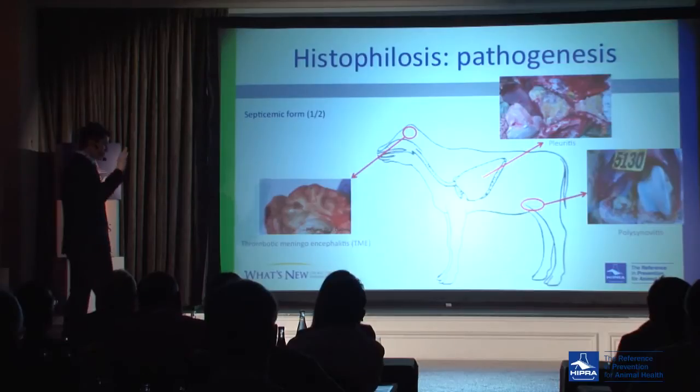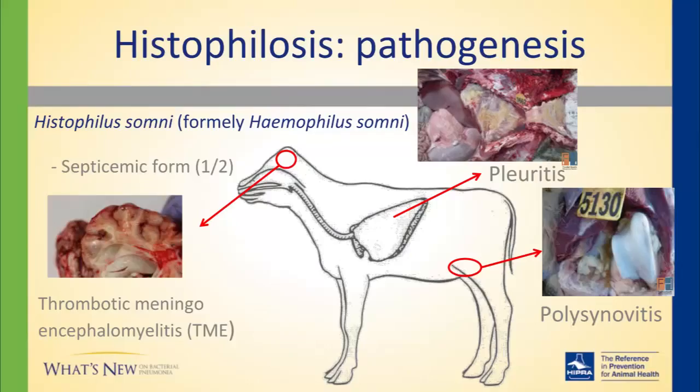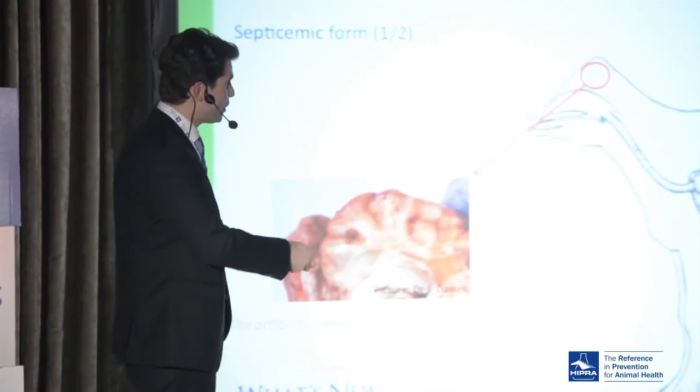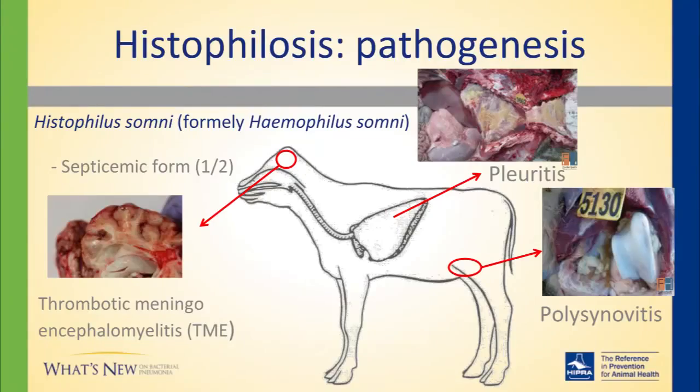If we go back now to the septicemic form, it can create thrombomeningoencephalitis. Here you see a lesion just here. It can create a pleuritis. Most of the time you've got a pleuritis with no lung lesion below. That's why we differentiate a pleural pneumonia versus a pure fibrinous pleuritis, and polysynovitis with a lot of fibrin in the joint.